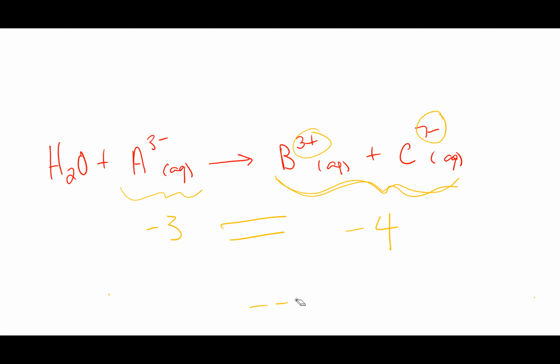The only way that's going to happen is if I add a -1 on this side. So I'm going to add 1 electron here. Now, if I do my overall charge, I have -1 and I have a -3. So that's -4. They're equal.